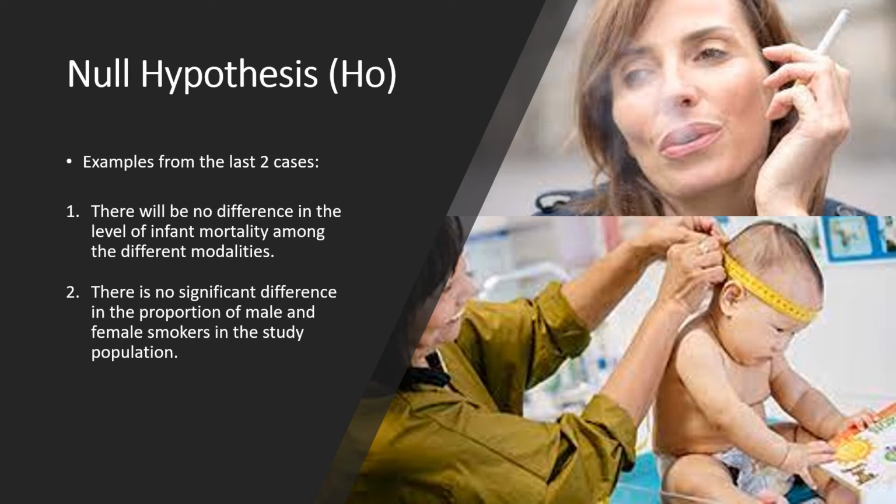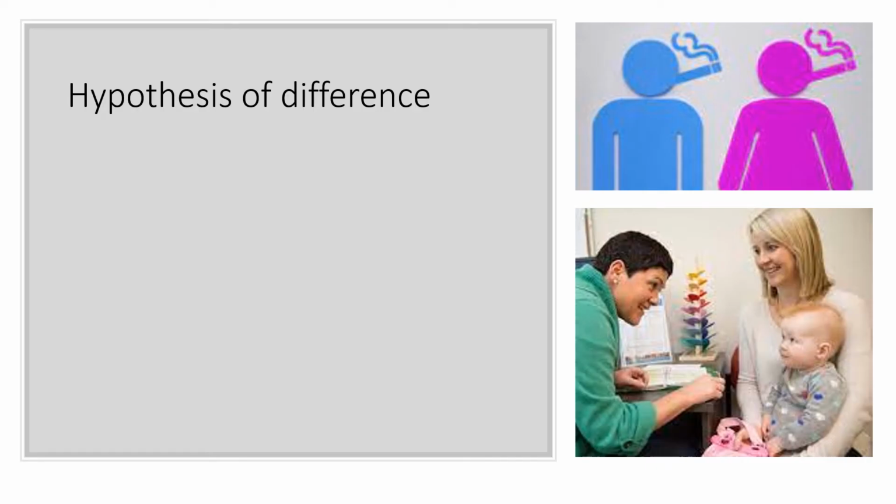When you construct a hypothesis stipulating that there is no difference between two situations or groups or outcomes or the prevalence of a condition or phenomena, this is called a null hypothesis, which is usually written as H0, as you see on your screens.